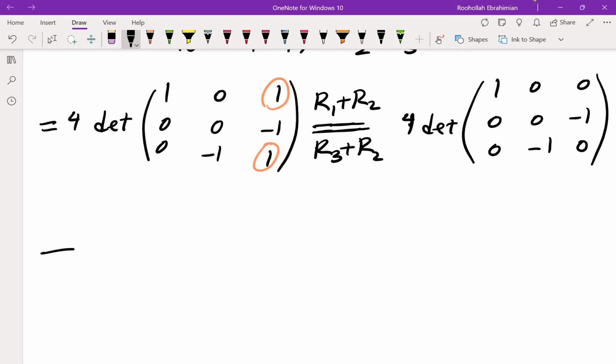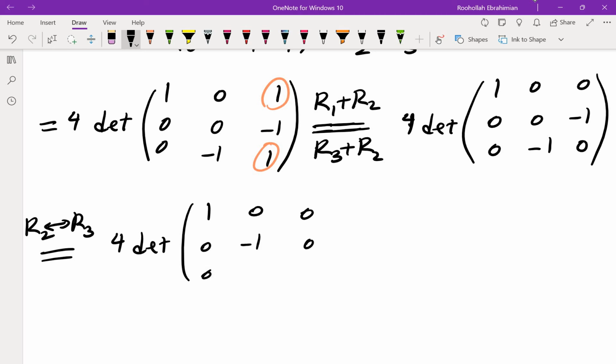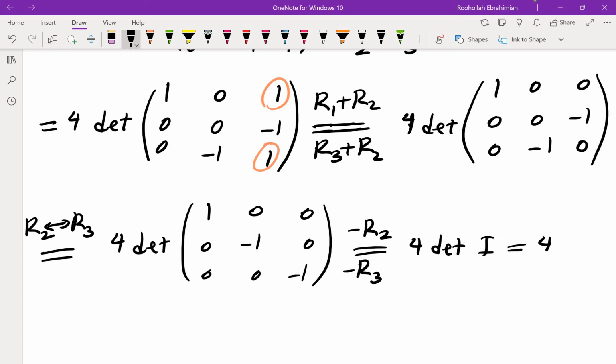Now we're going to swap, so row 2 and row 3 are going to be swapped for determinant of 1, 0, 0, 0, negative 1, 0, 0, 0, negative 1, and then we're going to take out negative 1 from row 2 and from row 3. We get 4 determinant of identity, which is 4.